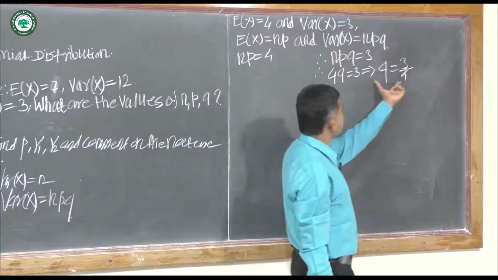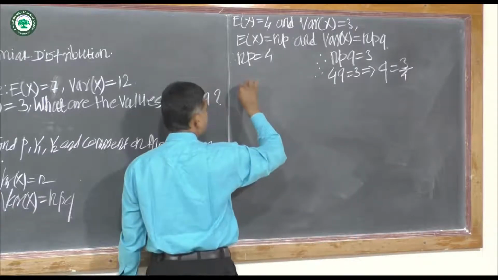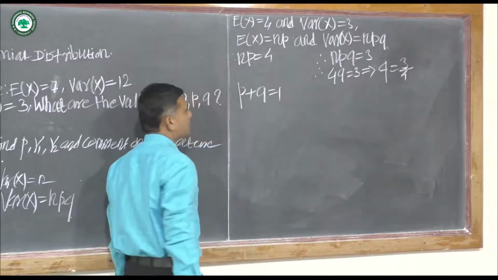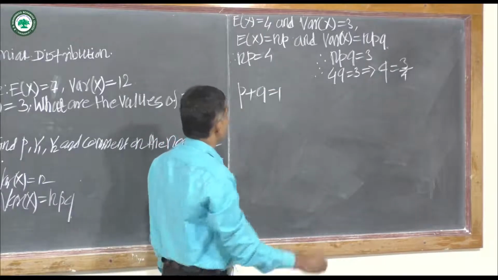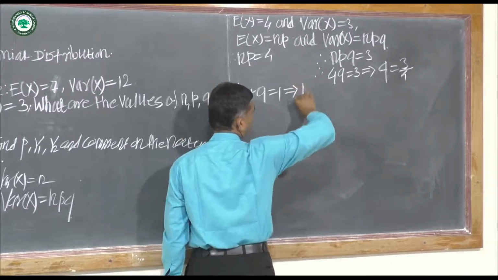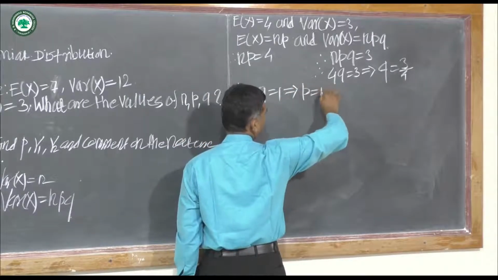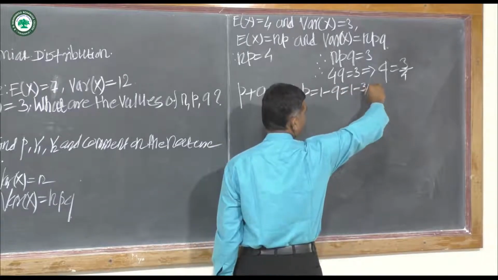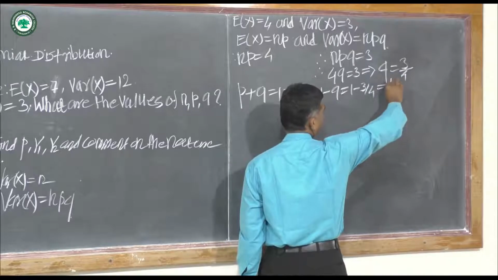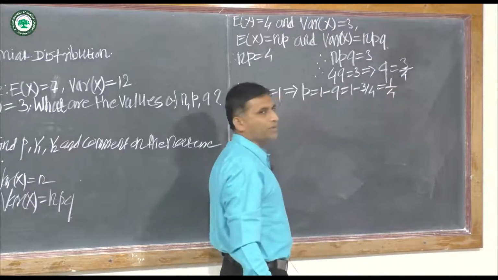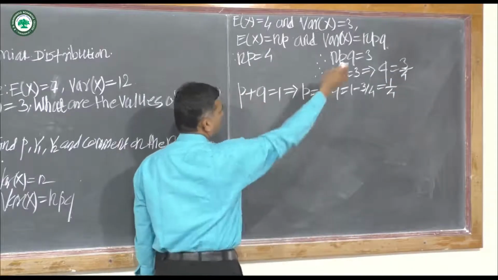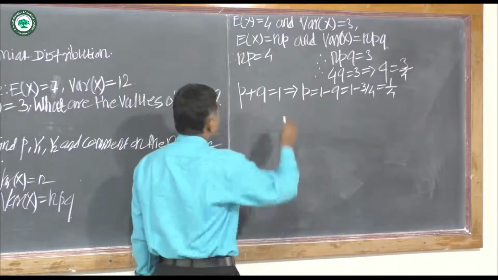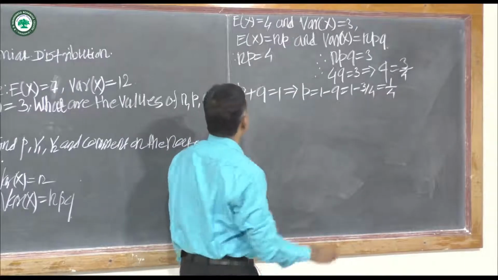Now find the value of p. We have q is equal to 3/4. Then we know that p plus q is equal to 1, that is, total probability is equal to 1. This implies that p is equal to 1 minus q, which is equal to 1 minus 3/4, which is equal to 1/4. Okay, q is equal to 3/4 and p is equal to 1/4. Then how to find the value of n?